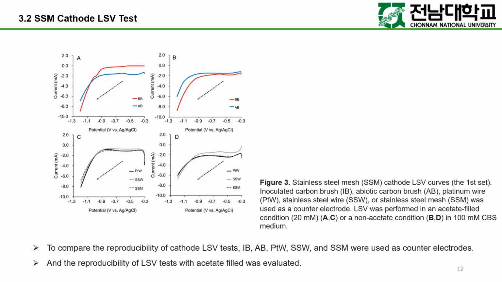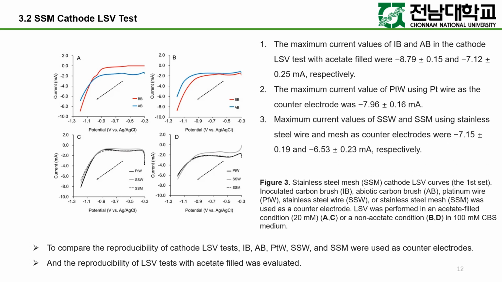However, this study was performed to identify the reproducibility of the cathode LSV test when using various counter-electrodes. Therefore, to compare the reproducibility of cathode LSV tests, IB, AB, point W, SSW, and SSM were used as counter-electrodes.